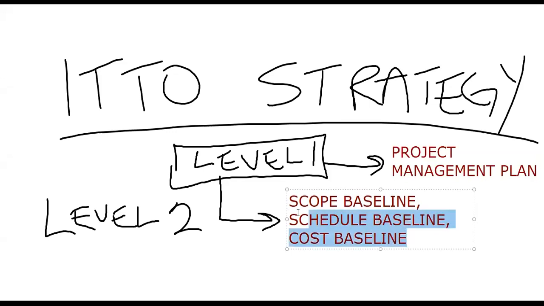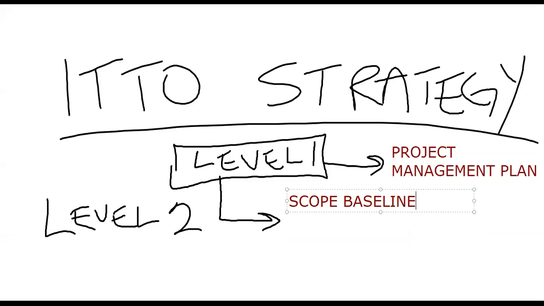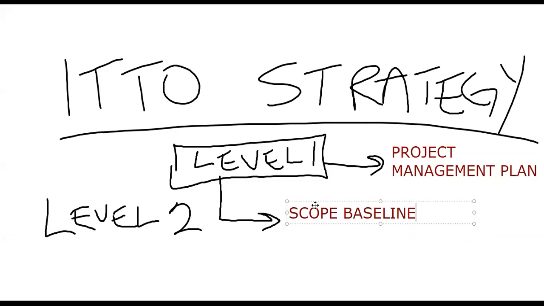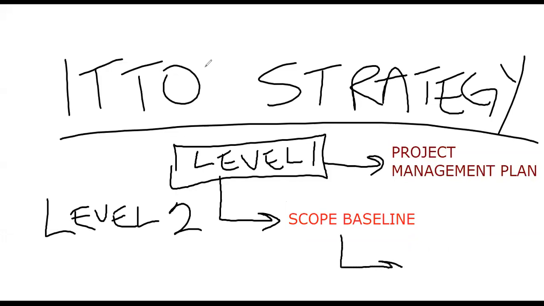See? So let's hone into one in particular. Let's hone into the scope baseline. I would call this level 2. But again, this is not enough for your exam. For your exam, you need to be able to drill down to level 3. And in level 3, this is where you unravel what is in the scope baseline.